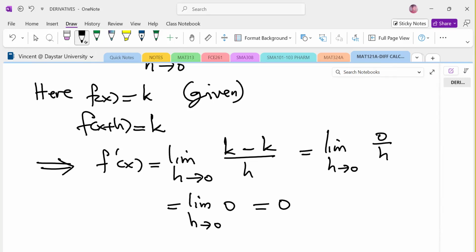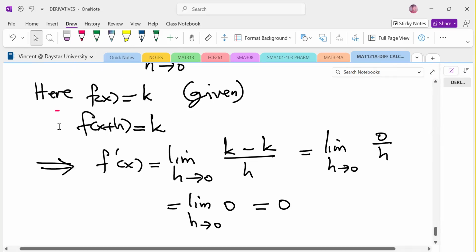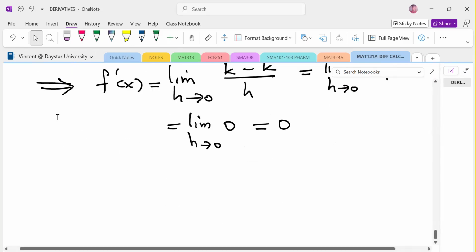And we make a generalization from this result that the derivative of a constant always remains to be 0.